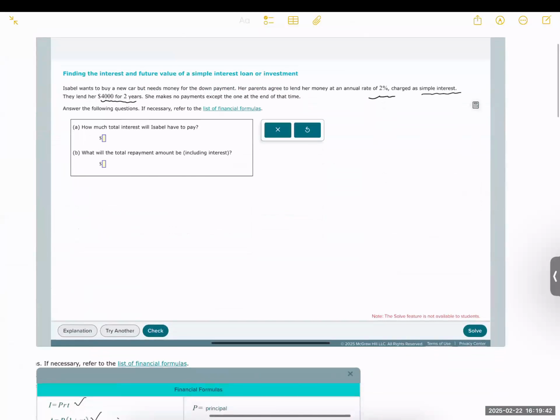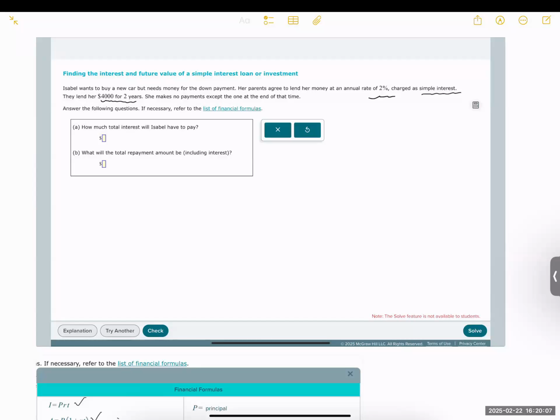All right, so I have some examples that are from ALEKS that may be a little bit similar or different kinds of problems. And this one is Isabel wants to buy a new car but needs money for the down payment. Her parents agreed to lend her money at an annual rate of 2%. I have that underlined. I recommend that you do that as well in any kind of word problem.